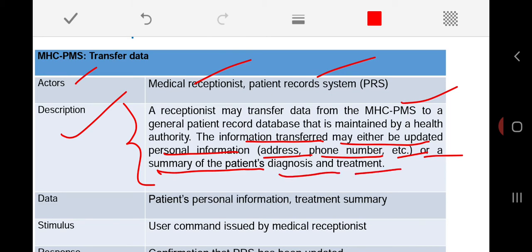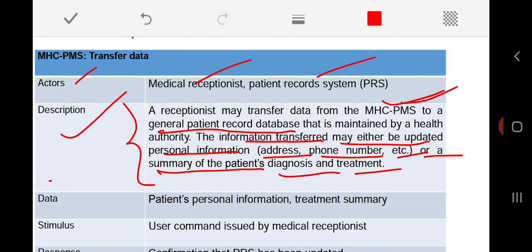So this is exactly the information which is to be transferred. And who is supposed to do this? The receptionist. This data transfer should be done by the receptionist, from the MSc PMS to the patient record database, meaning the system. So this is the actual description of transfer data.